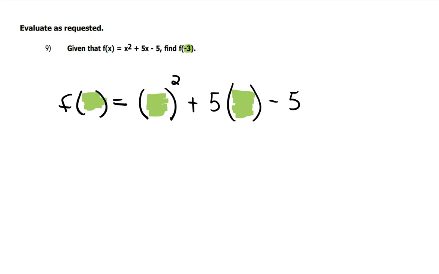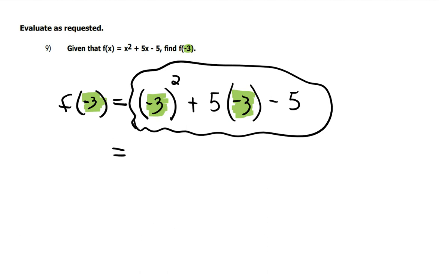And they already put it here for f of. So I just take out the x's and I stick them in. And of course, your calculators are programmed to do order of operations. So you could type it in. The part that you have to type into your calculator is just this part here. All right, f of -3 is just notation for the answer. And your calculator should spit out the answer.